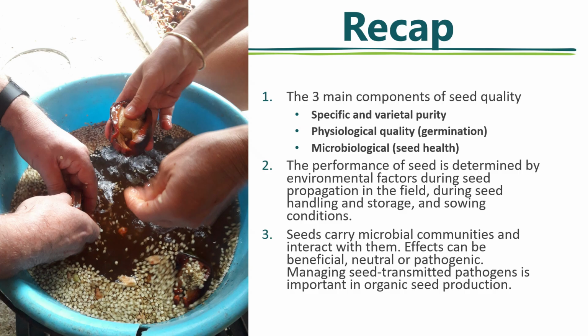Secondly, the performance of seed is determined all along the propagation cycle and by environmental factors during seed propagation in the field, during seed handling and storage, and finally, sowing conditions. Thirdly, seeds carry microbial communities and interact with them. Effects can be beneficial, neutral, or pathogenic. Managing seed-transmitted pathogens is important in organic seed production.